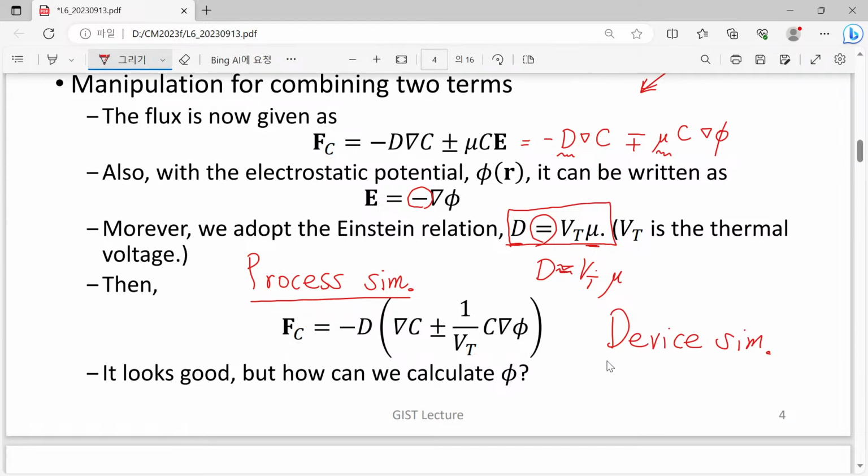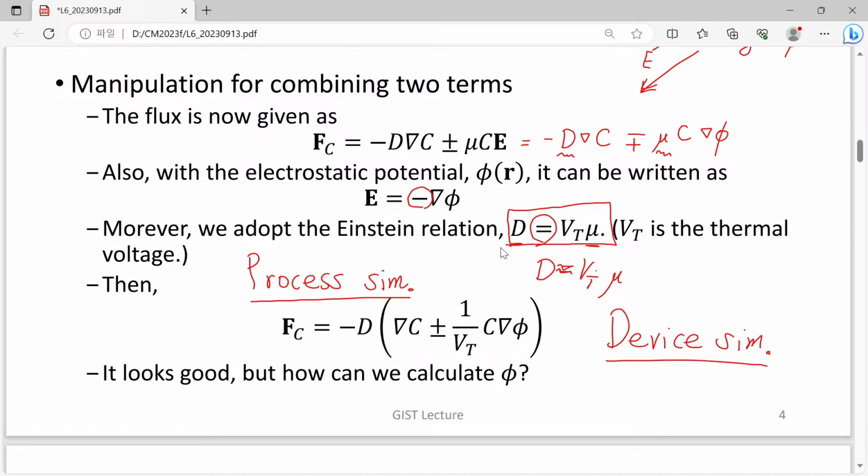However, interestingly enough, even in that case you will find that we are heavily relying on this Einstein relation. Although the Einstein relation is not actually applicable to the general non-equilibrium case, we still use it in both process simulation and device simulation. Okay, so are you with me? We have to understand our limitation.